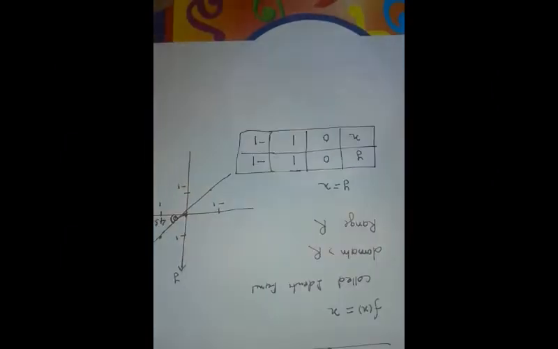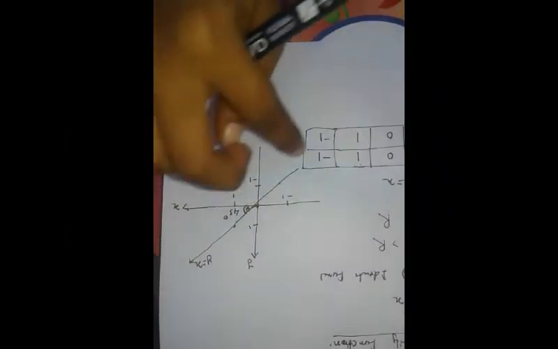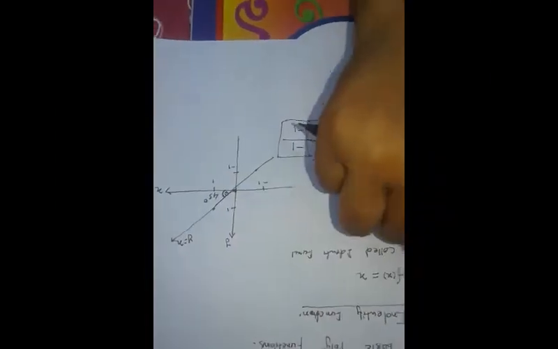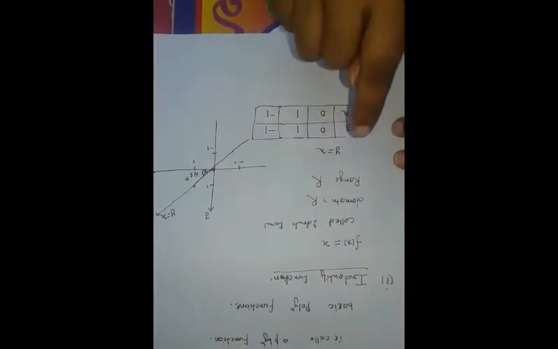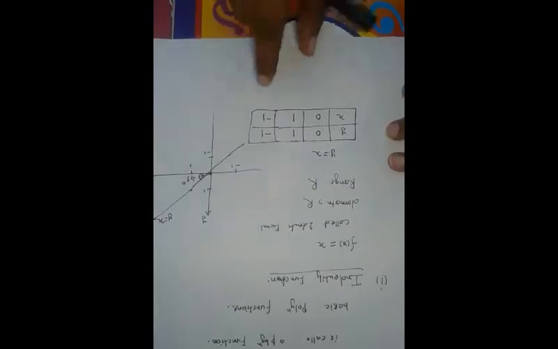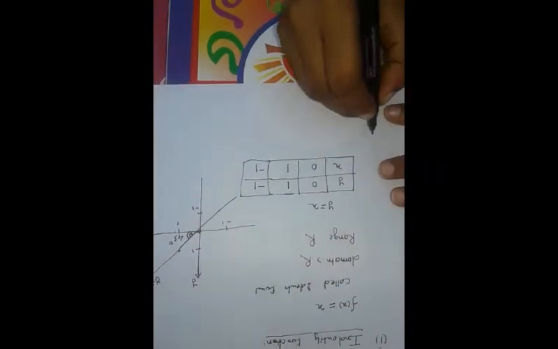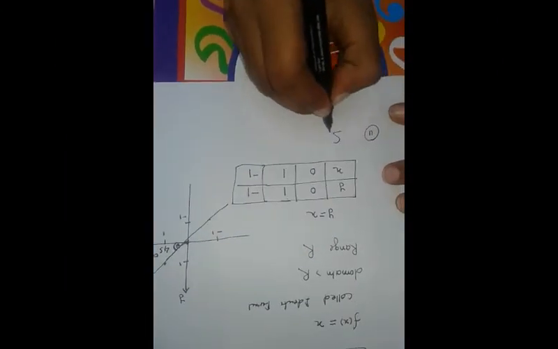The domain of this function is the whole real line, and the range is also the real numbers. Okay, and secondly we start with the square function.